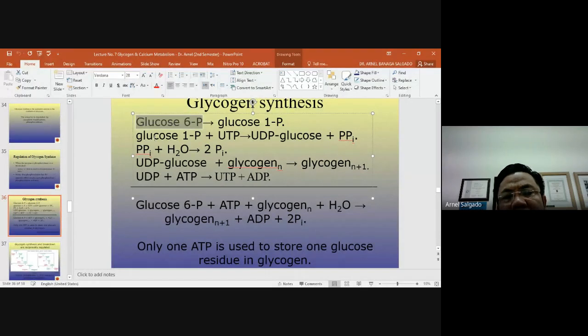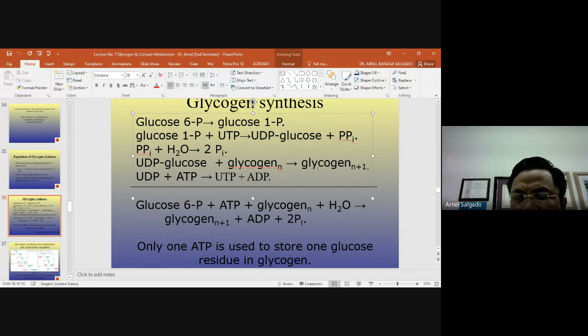The glucose 1 phosphate will be added to another molecule called uridine triphosphate, so that will come out with uridine diphosphate glucose plus pyrophosphate. The pyrophosphate is broken down with water, and we will produce 2 phosphate. UDP glucose plus glycogen, therefore there is already the UDP glucose production plus glycogen.